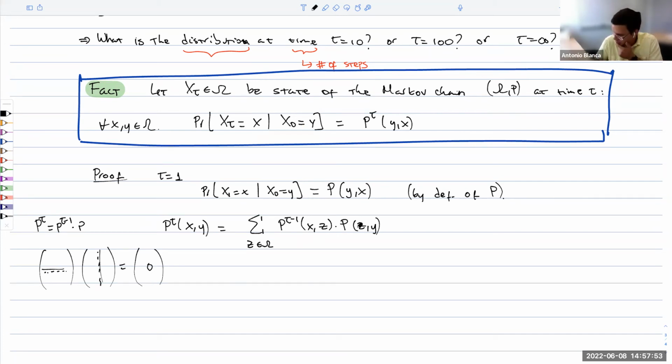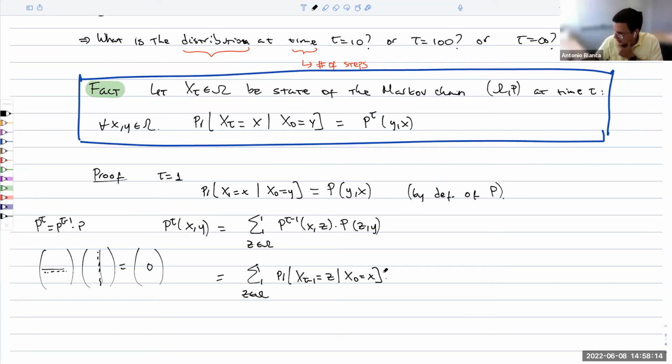Okay, so now we apply the induction hypothesis here. So this is going to be equal to the probability that X_(t-1) is equal to c, given that X_0 is x.